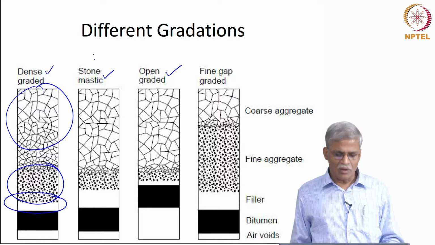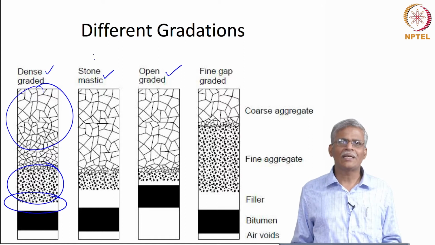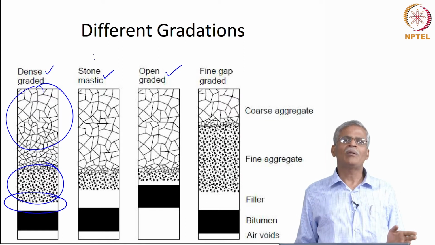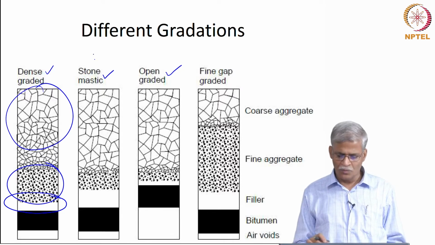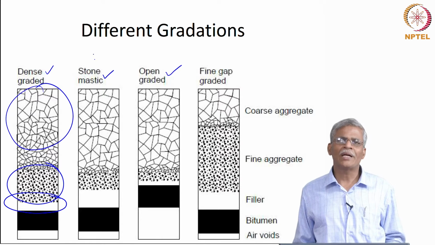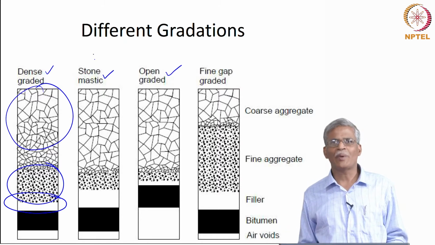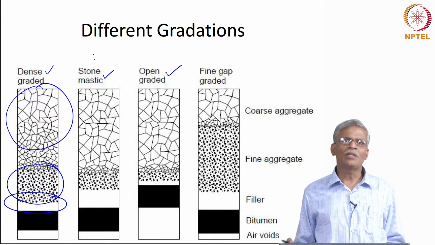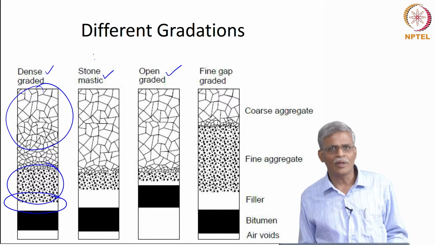So, what is really called as the stone mastic, in which you can actually see that the coarse aggregate skeleton is slightly more. These designs are quite involved, and we will be doing it in a separate course altogether. You will also see an open graded mix, and there are also what are called as the fine gap graded mix, and depending on the mix that you use, the amount of bitumen that you will be using will also really vary, right.